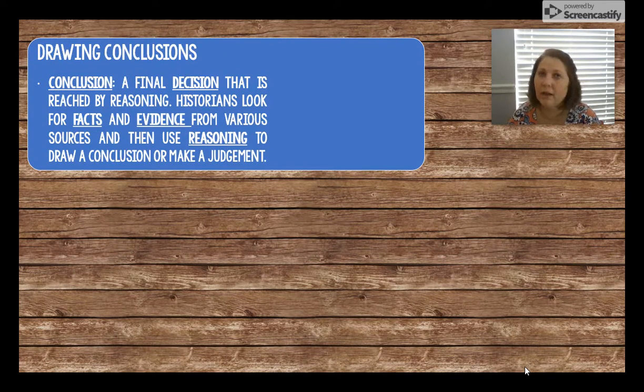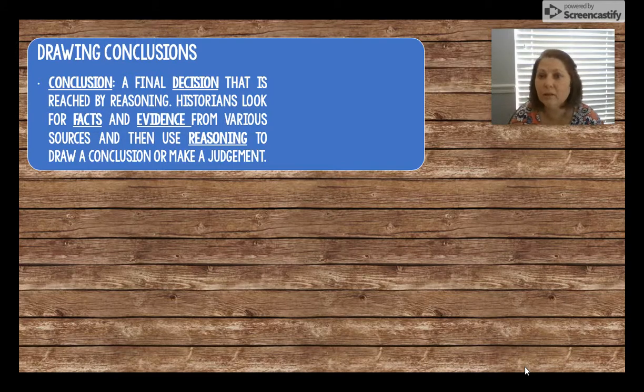You might decide about that general that he was a very good military genius. He had a lot of good battle plans, and so you would research that. And your final decision is reached by reasoning. You look at all the facts and all the evidence you can find from various sources, and then you make a conclusion, which should be based on evidence. Again, not just your opinion.